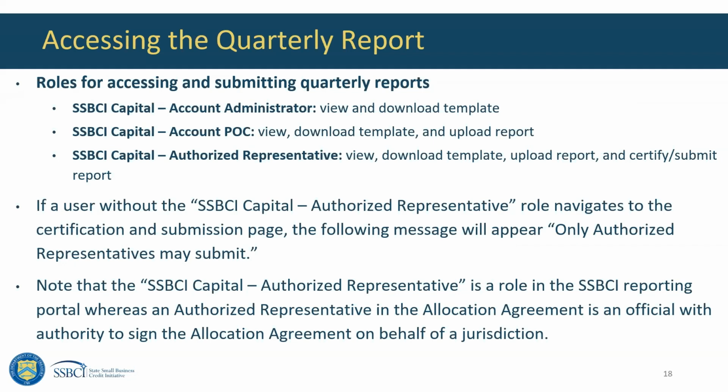The most restrictive role is the account administrator, and the least restrictive is the account representative role. The account representative role can view, download, upload a completed report, and is the only user who can certify and submit the report. If the user does not have an authorized representative role, an error message will appear, preventing the user from submitting the report.